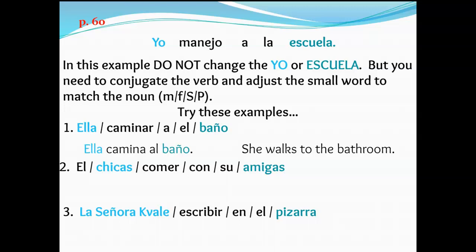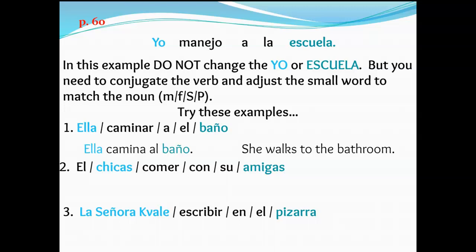All right, so if chicas doesn't change, L has to become las if we're going to matchy-matchy. Comer, you're going to take off the ER and you're going to conjugate it for a group of people that end in AS. So that's going to be conjugated like ellas. So that will be comen. Con never gets changed, or at least this year it won't get changed.